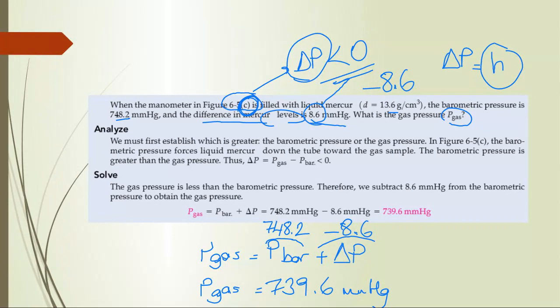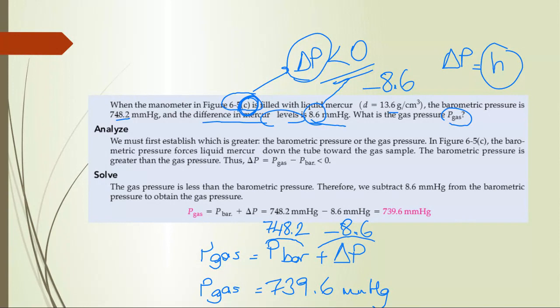You only have to remember the A, B, C pictures. For the A, the barometric pressure and gas pressure are equal. For B, the gas pressure is greater than the barometric pressure. For the C, it is smaller than the barometric pressure. Don't forget that.